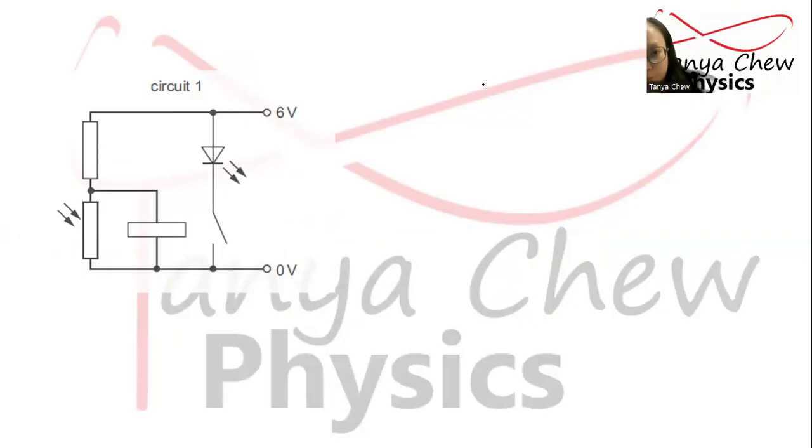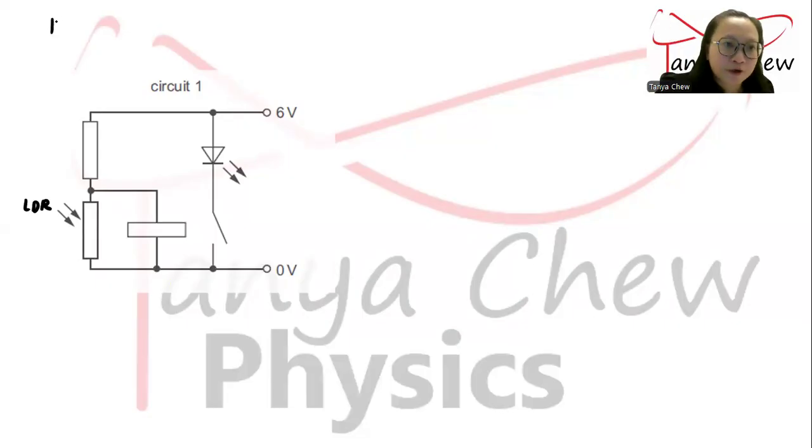In this arrangement, with the 6 volt and 0 volt, this arrangement is called a potential divider. Do you know why? Because the current flowing through the fixed resistor and LDR will be the same current. Current flows from 6 volt through the LDR and fixed resistor and back to 0 volt.